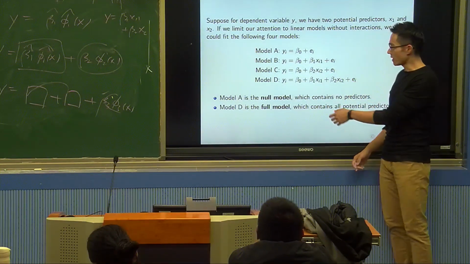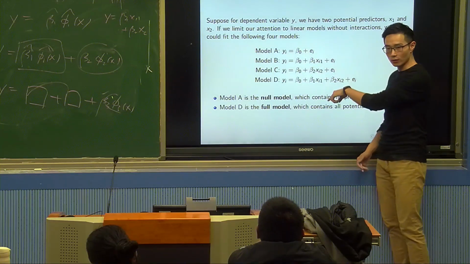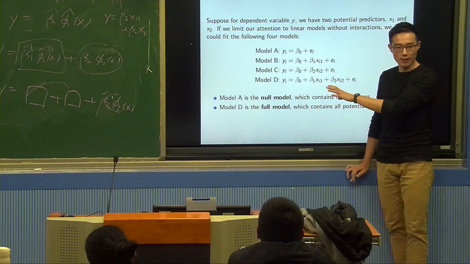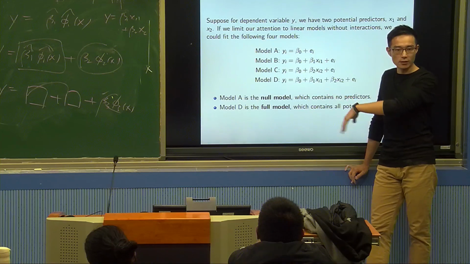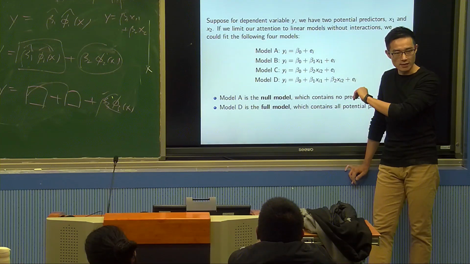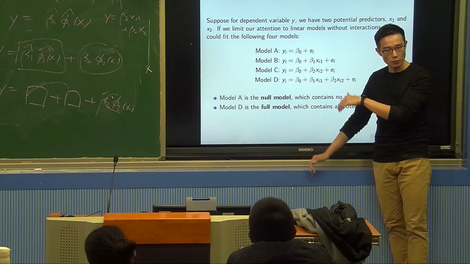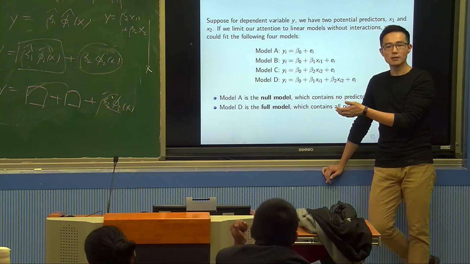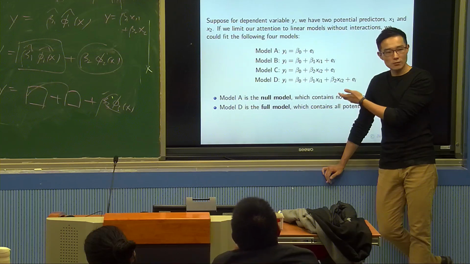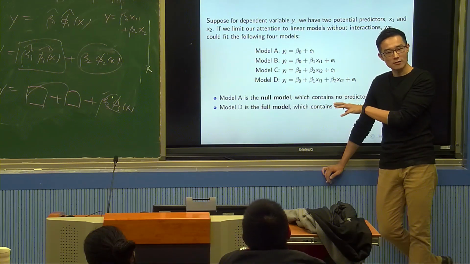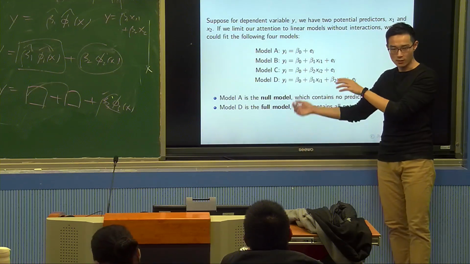I can just compute all 4 models and look at which model performed the best out of sample, calculate a validation error or do AIC, BIC, and pick that model. Why do I do forward stepwise? Do people remember? When I described this, I said something along the lines of why we need to do forward stepwise, why I cannot just compute all the models and see which one's the best.